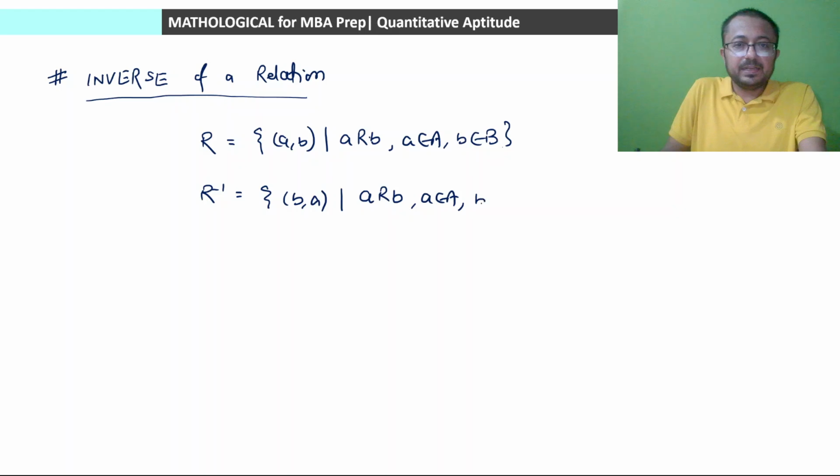So R inverse is just having the ordered pairs jumbled. The order in the ordered pair changes, nothing else changes.